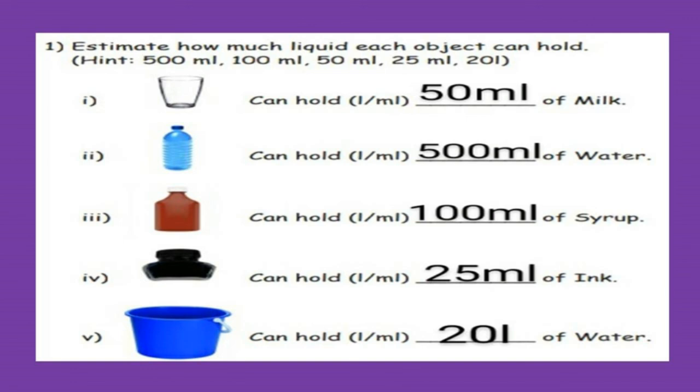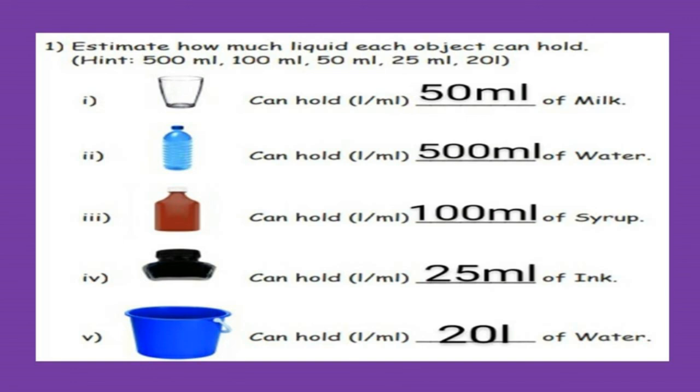The containers have been displayed here. We are going to estimate the capacity of the containers. First one, glass. Glass can hold 50 milliliter of milk. Then water bottle. Water bottle can hold 500 milliliter of water.